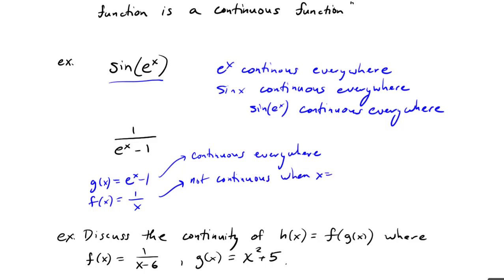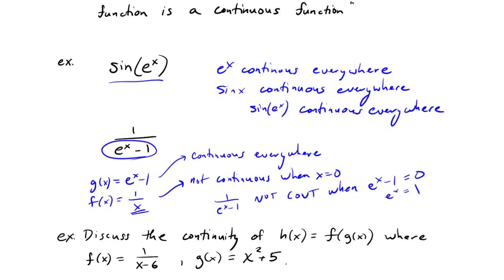when x equals 0 here. But that is the whole denominator here. So 1 over e to the x minus 1 is not continuous when e to the x minus 1 equals 0. Or in other words, e to the x equals 1.